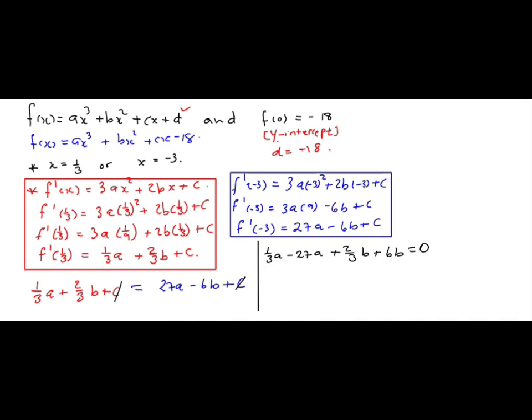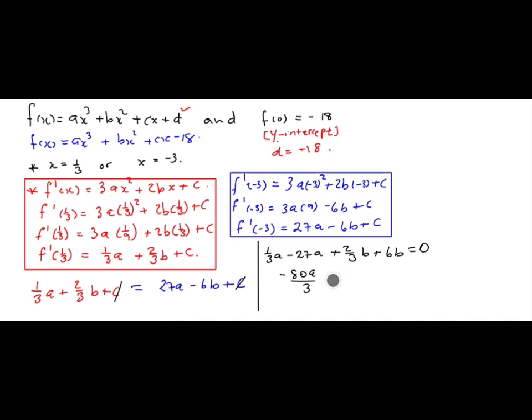Go ahead and punch these into your calculator. So we got 1/3 minus 27, and that's minus 80 A divided by 3. And what do we get for 2/3 plus 6?